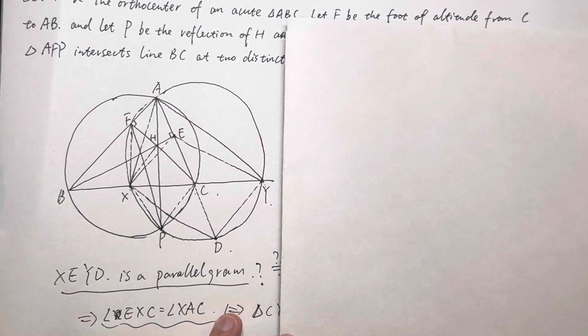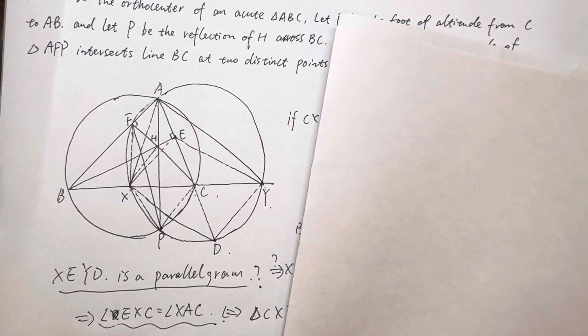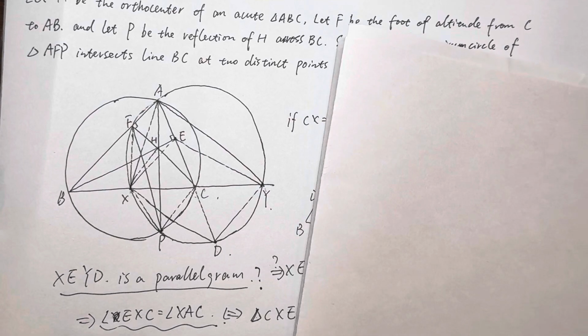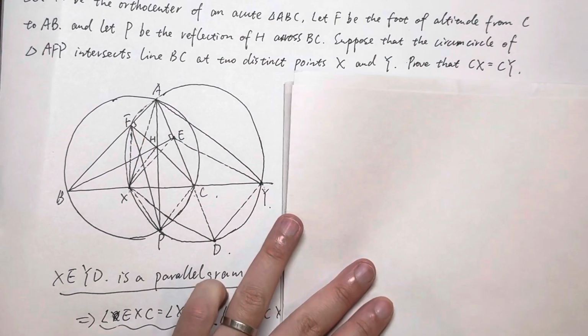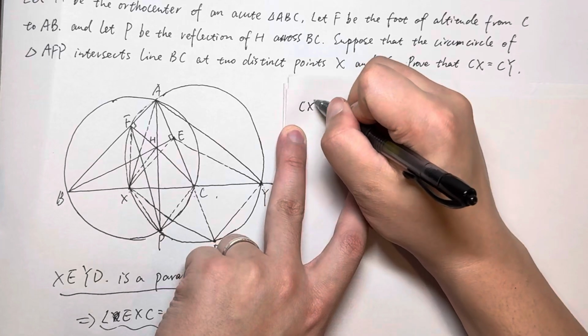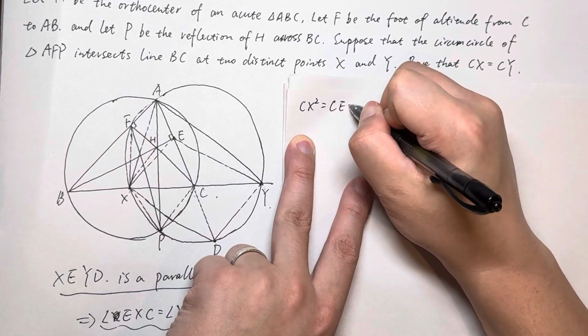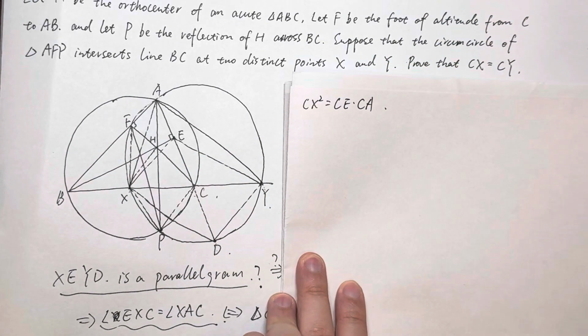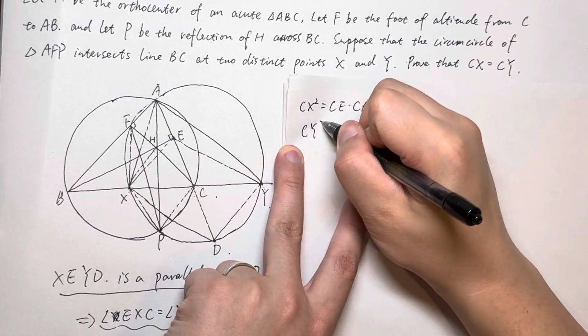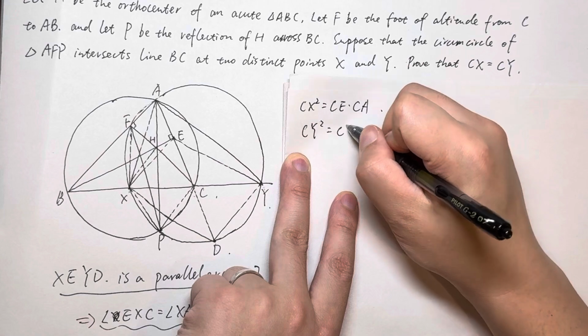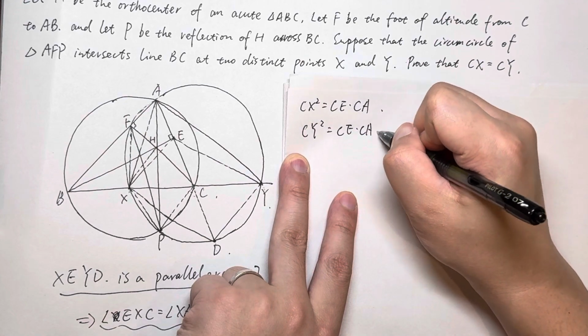Right, so we just found the relation of CX that we just proved: CX squared equals CE times CA. Then the problem would be easier. We just need to prove that CY squared equals CE times CA as well, right?